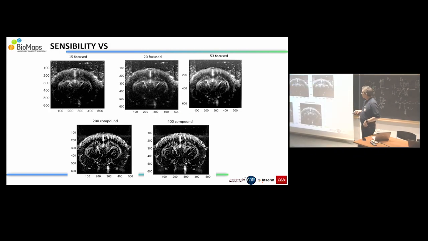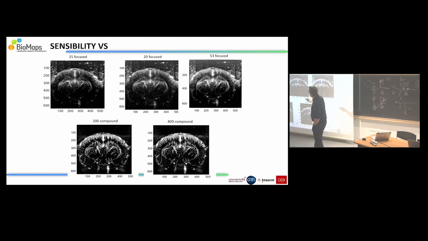And you can do that only because you are ultra fast. If you do a classical ultrasound image on a rat brain, here as an example, so this is without the skull because the bone blocks the ultrasound, so we remove the skull and we acquire ultrasound.